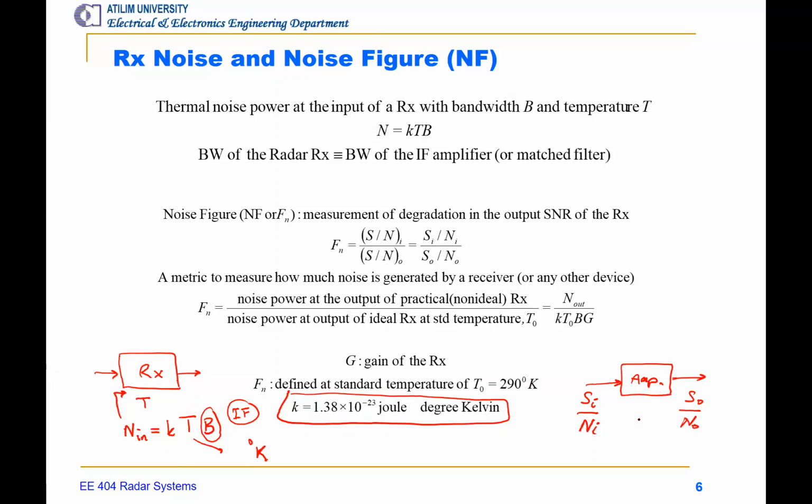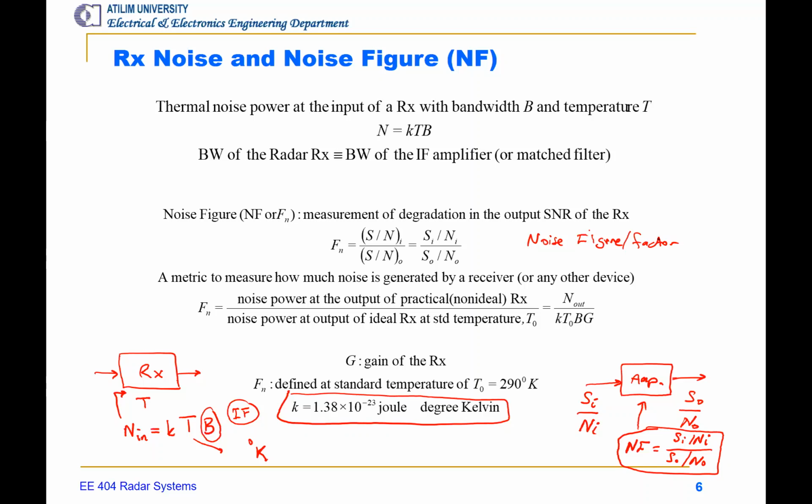So the noise figure of this amplifier or this device is simply the input signal to noise ratio divided by the signal to noise ratio at the output. Okay? This is the simplest formula for a noise figure or noise factor.